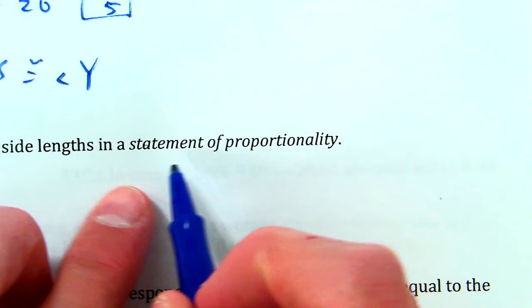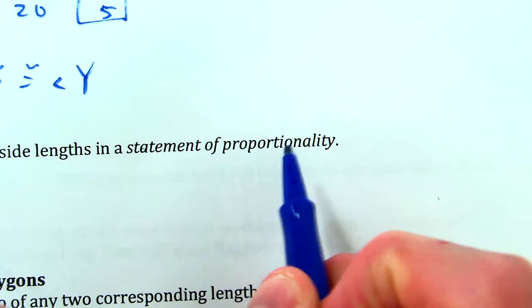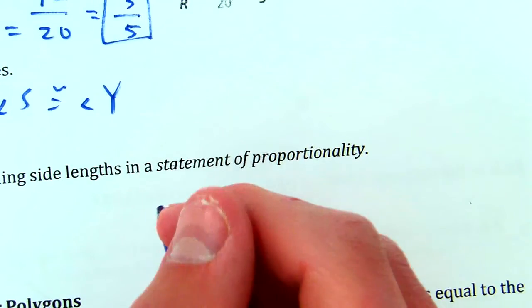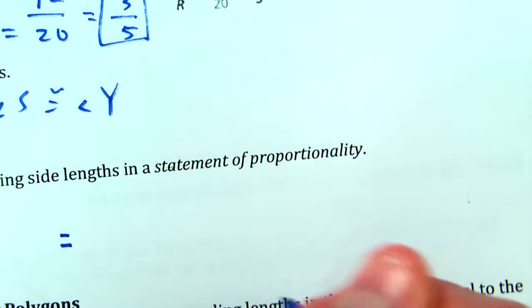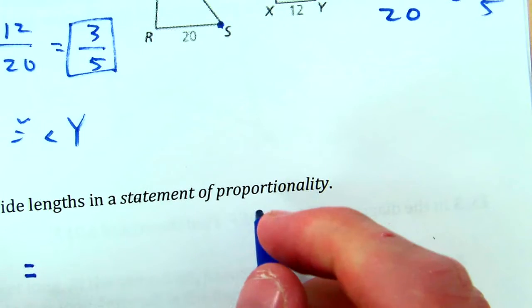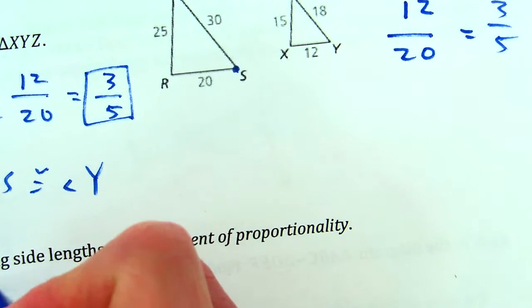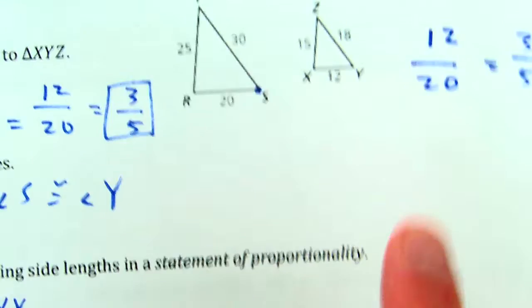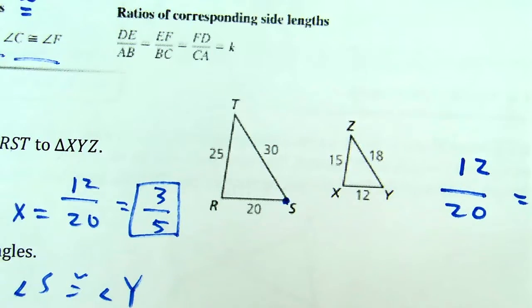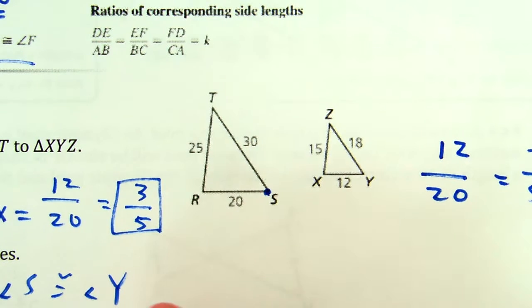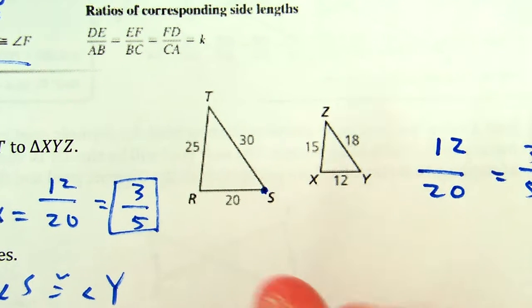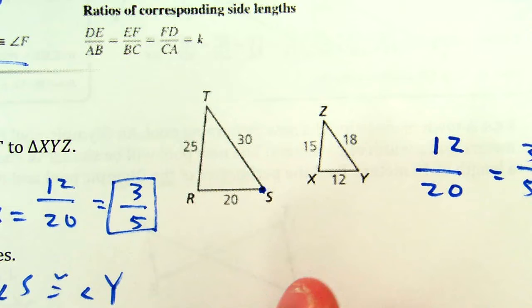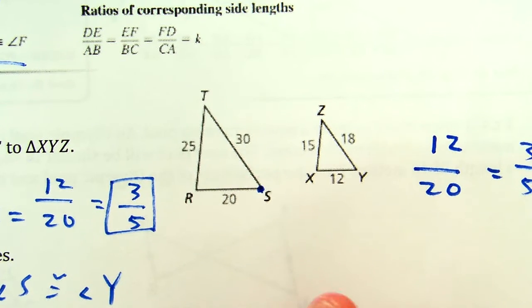Anyways, statement of proportionality. Proportion is just fancy for fractions being equal to each other. So what fractions are equal to each other? Well, if I look at xy over rs, which is what I did in letter A, that fraction would have to be equal to zy over ts, which would have to be equal to zx over tr.